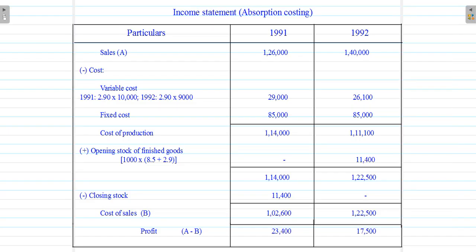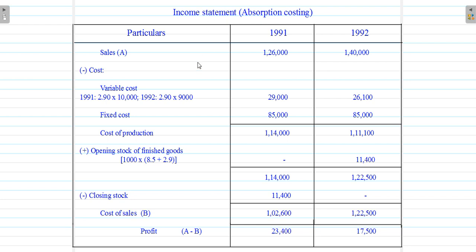So under the absorption cost method, we are charging all the costs, both fixed and variable, together. We will be determining the cost of sales and deducting it from the sales to determine the profit.